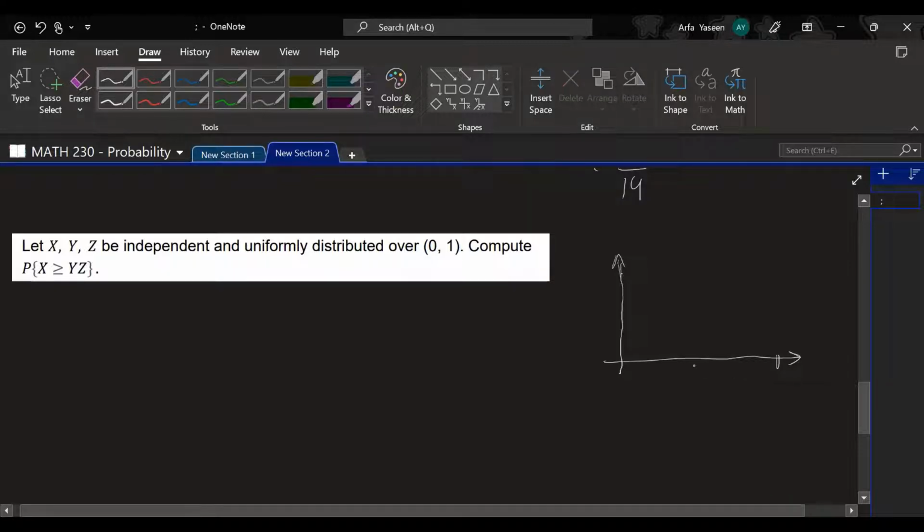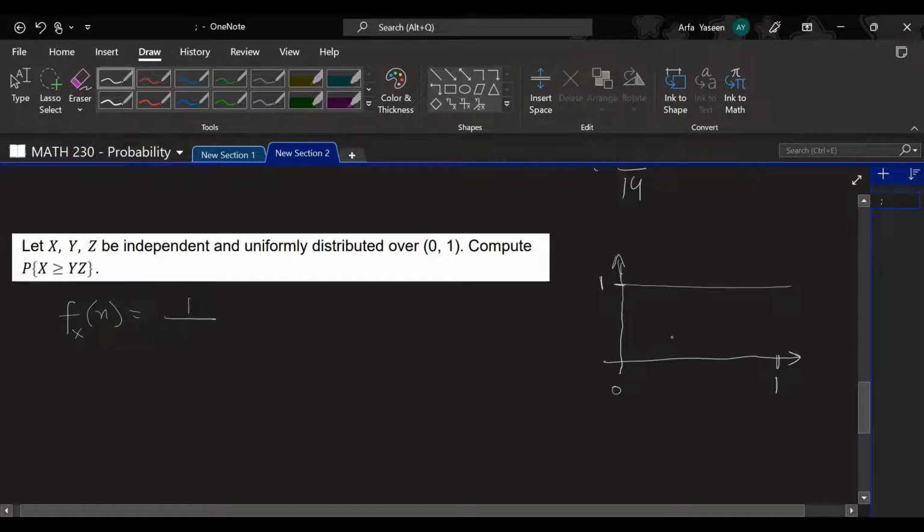Each of x, y, and z can range from 0 to 1. And the value of their PDF would be constant somewhere here, which would clearly be 1. Because, for instance, we have the PDF of x as, we can directly write this down without finding the joint PDF because we have been told that the three random variables are independent.